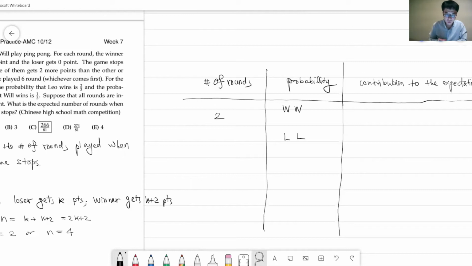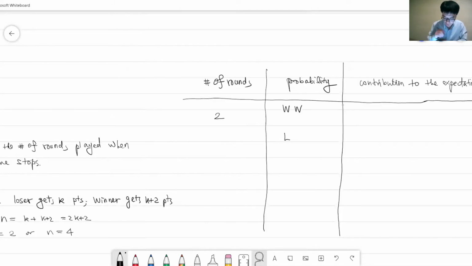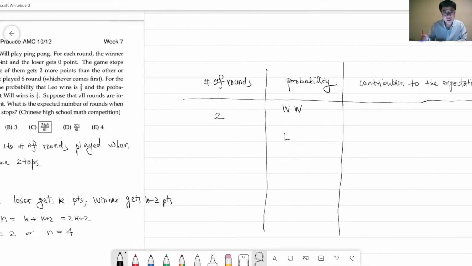If William wins the game, that means William wins 2 rounds consecutively. The probability is 1 over 3 squared, which is 1 over 9. If Leo wins the game, that means we have LL, so it's 2 over 3 squared, which is 4 over 9. Okay, the probability is the sum of these 2 numbers.